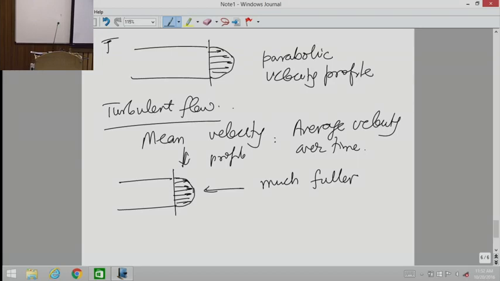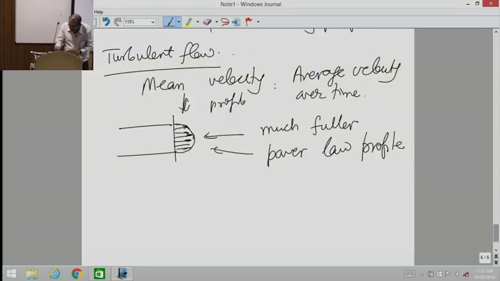And this is obviously for the average mean profile, because at each point the profile will keep on changing. So in a turbulent flow we don't get a parabolic profile. We get what is termed a power law profile, which is something like 1 minus r by R to the power n, where n will vary with Reynolds number. It is not a simple square profile.